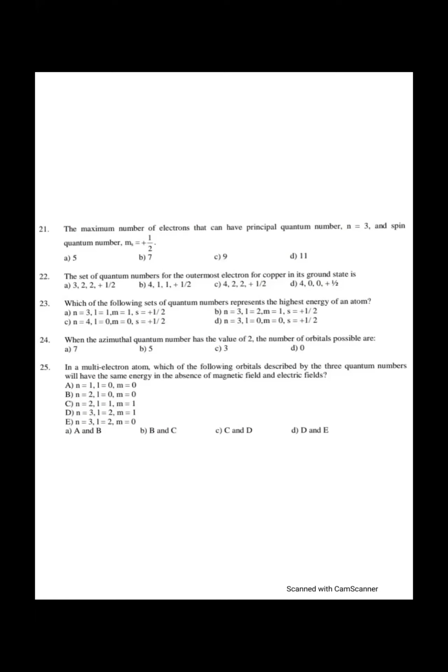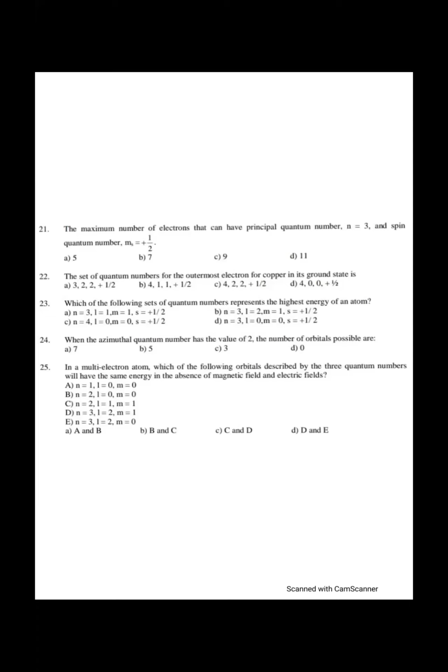Okay, let me tell you the answer. For 21, the correct answer is option C, that is 9 electrons. Please listen here for the explanation.